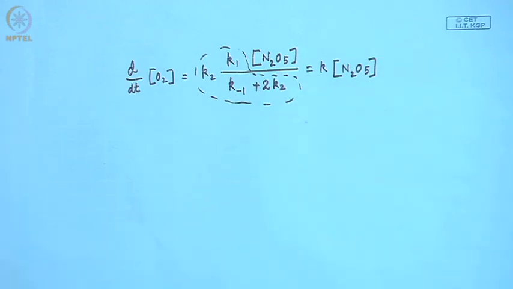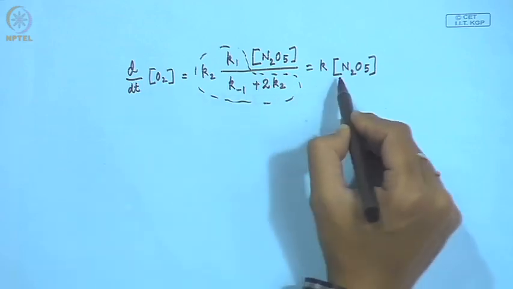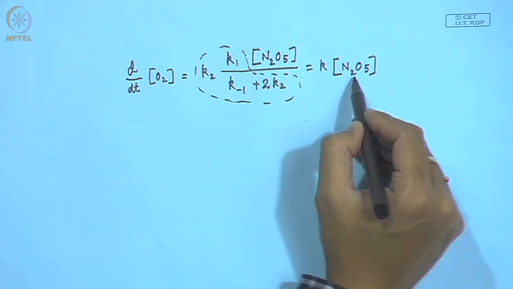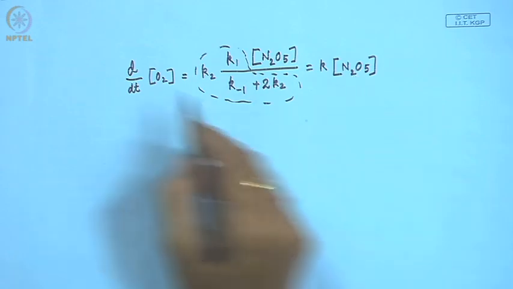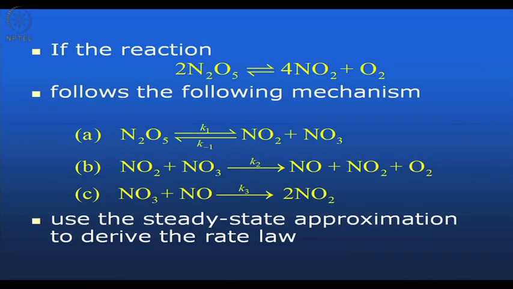Therefore, you see that the rate of formation of O2 is proportional to the concentration of nitrogen pentoxide. So, although its stoichiometry is 2 N2O5 giving rise to 4 NO2 plus O2, the rate of production of O2 is only first power of the concentration of N2O5.